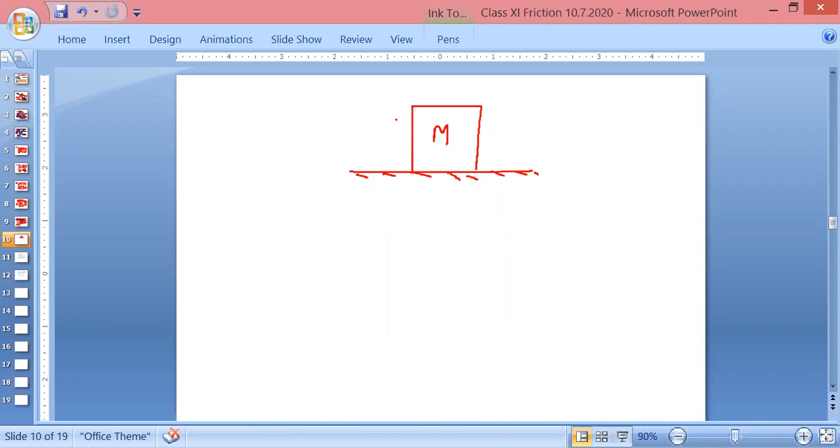A force F is applied like this, and a friction force starts existing here, in the direction opposite to the applied force on the block. The mg of this block will be here, and the normal force.